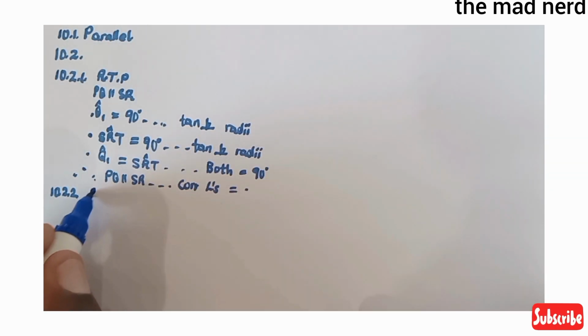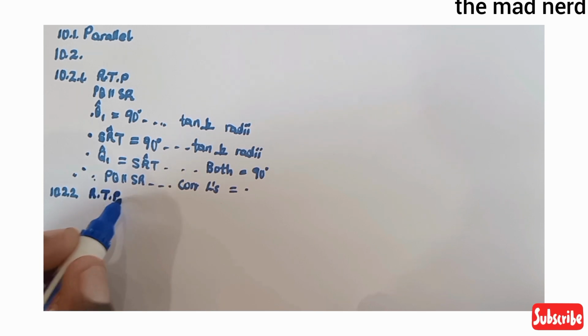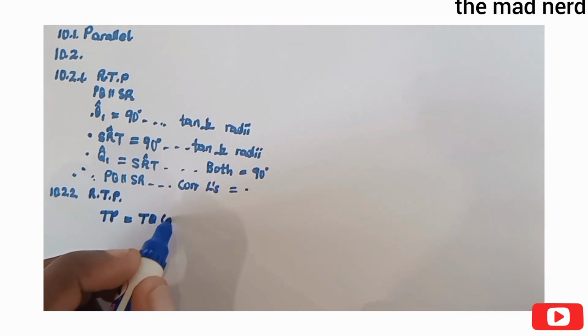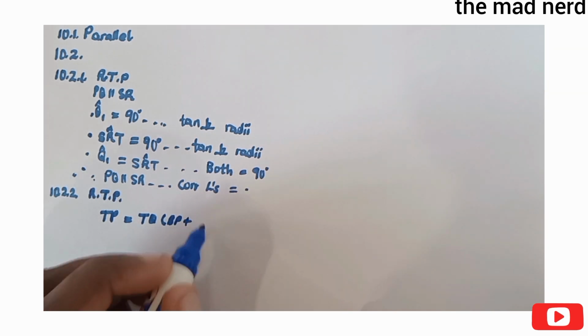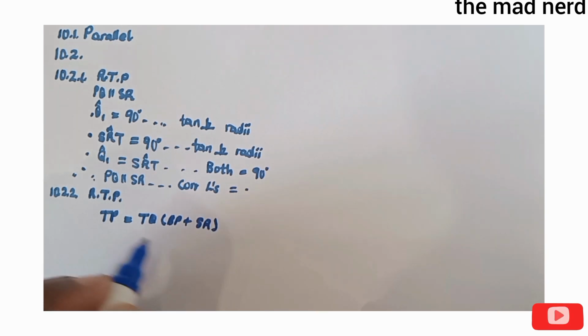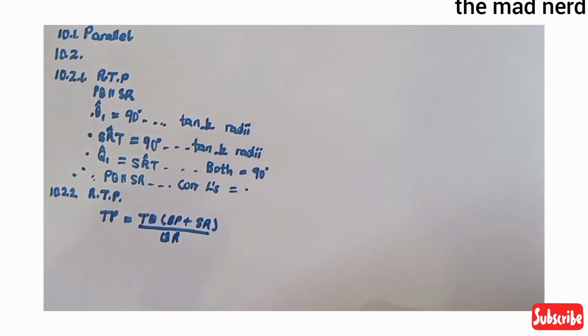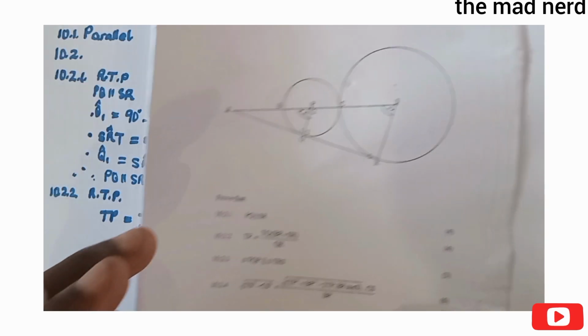It says we are required to prove that TP over TQ is equal to (BP plus SR) over QR. Let me write it first for you. The letters that are here show the sides, not the angles. So they show the sides.